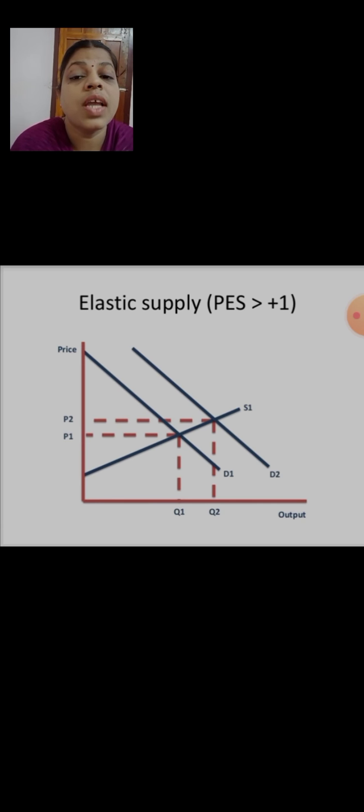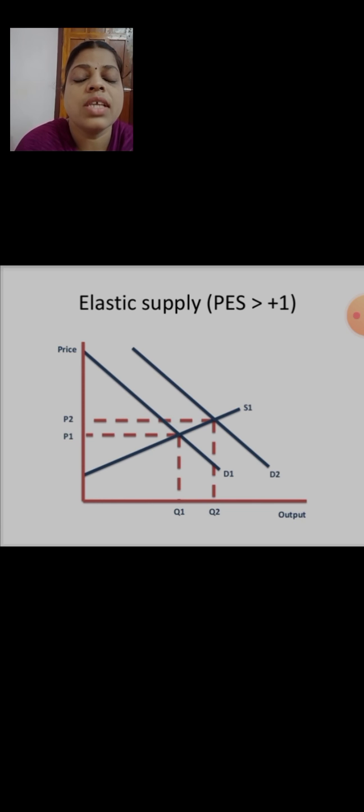Yes, the percentage change in the supply of a commodity is greater than the percentage change in the price of that commodity. Then only can we call such a good elastic in supply.